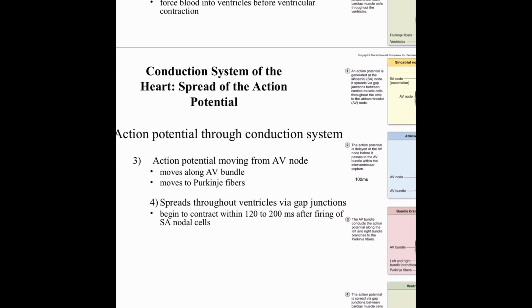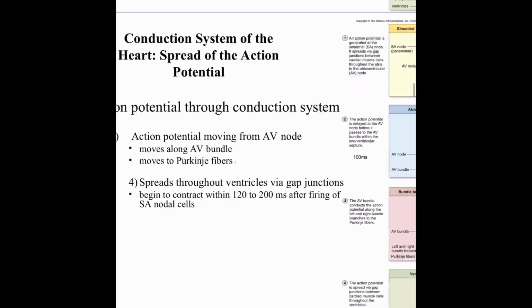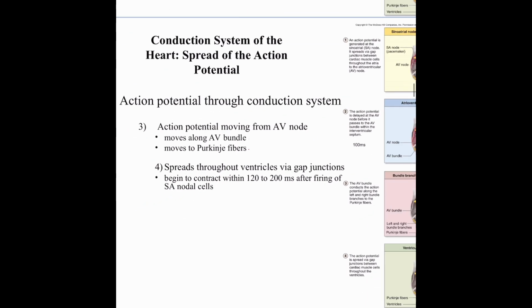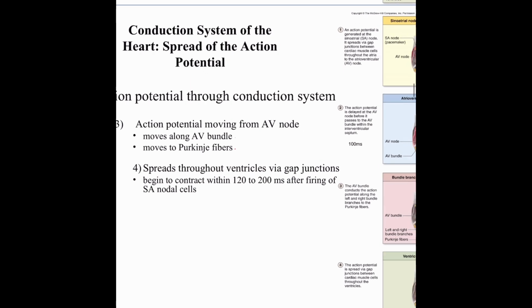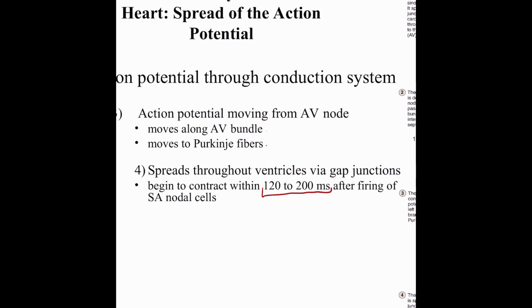Action potential to conduction system. Then we move through the AV node, into the bundle, into the fibers. And then it'll spread throughout the ventricles via the gap junctions through your cardiac muscle cells. And again, 120 to 200 milliseconds after the SA node fires, super fast, right? We can't comprehend how fast that is.